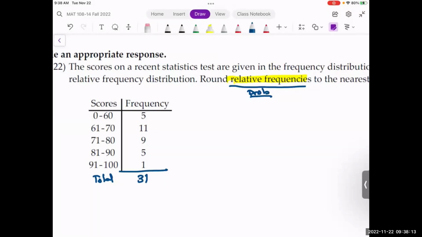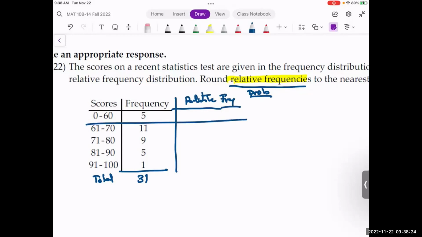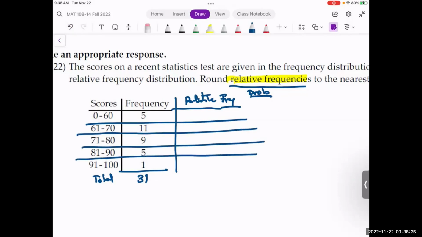So once you get 31, for the relative frequencies, the first one, you're just going to do 5 divided by 31.